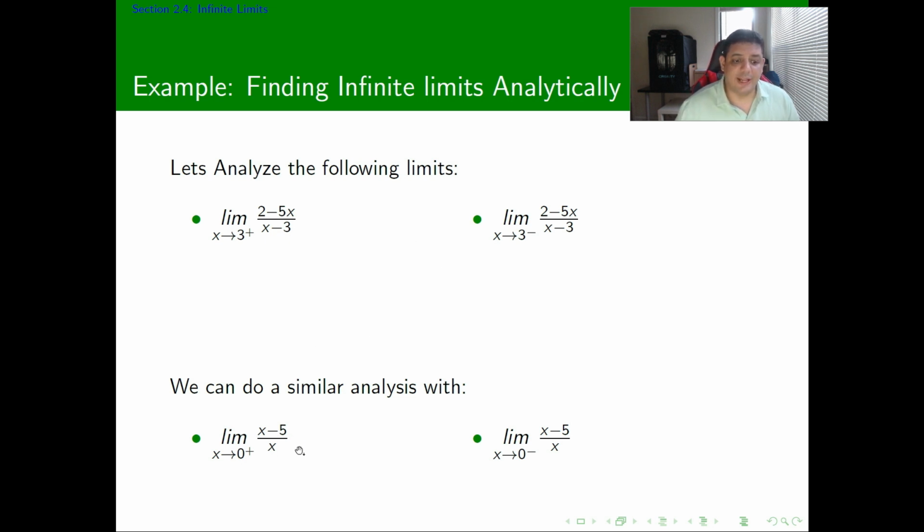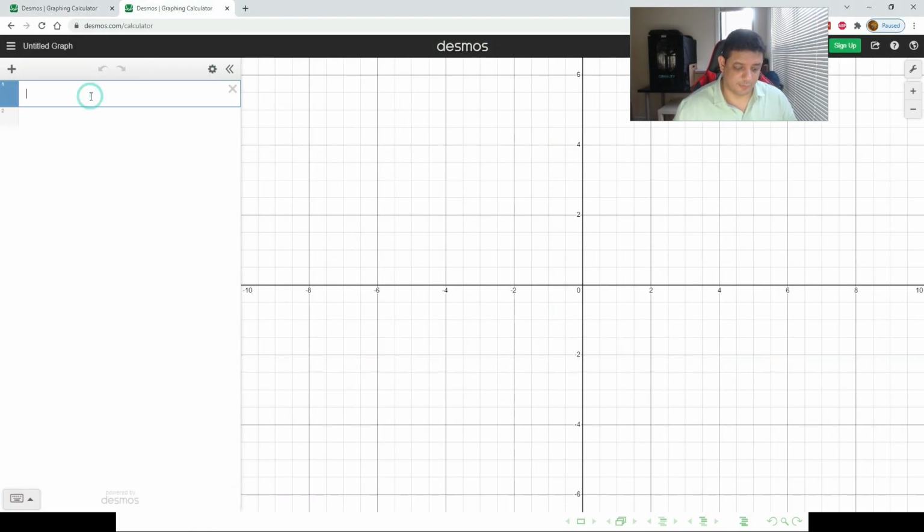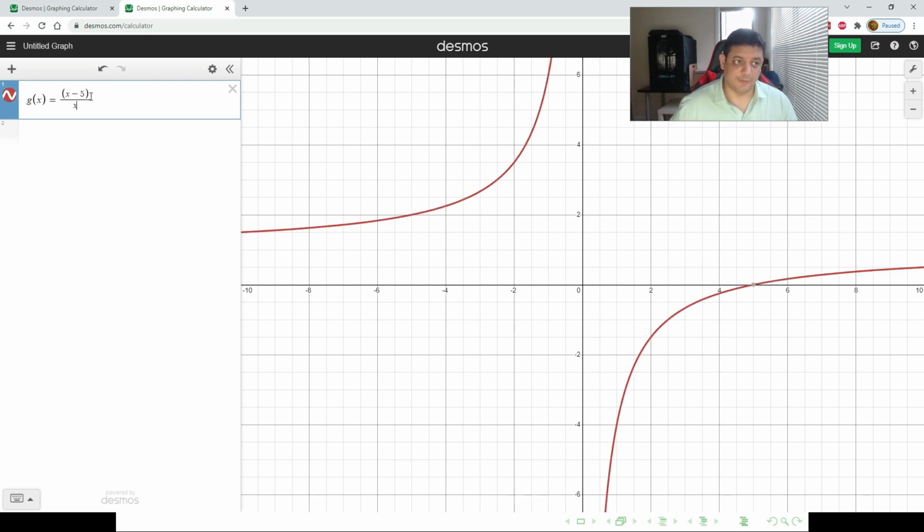Let's do a similar analysis with x minus pi over x. Let's call it g of x, x minus 5 over x. Clearly here the issue is 0, so we're going to use numbers that are closer to 0.